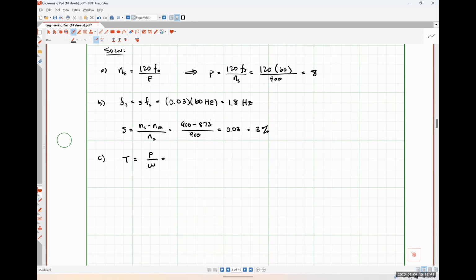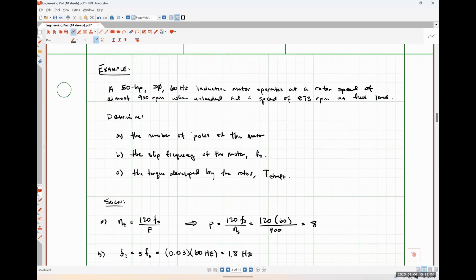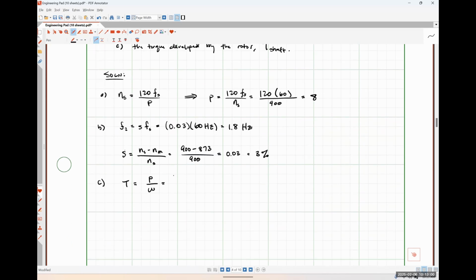So we're going to have to do some unit conversions here to make everything work out. Let's start with something straightforward. Which of the quantities that we're given here is related to the power of the motor? 50 horsepower, absolutely right. So we're going to put 50 horsepower up in the top.